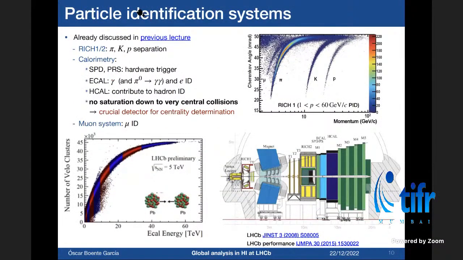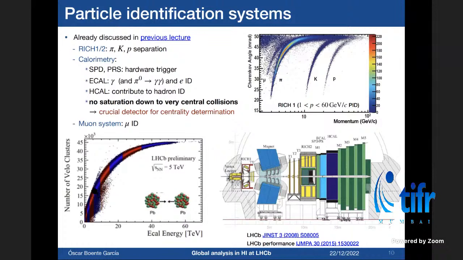Actually, this slide is about the PID. You already heard about this, so I won't stop here very much. Just to mention this plot here on the bottom, that you have the number of Velo clusters versus the energy. This plot is in lead-lead collisions, so we want to see how much of this saturation there is and where it starts to happen.